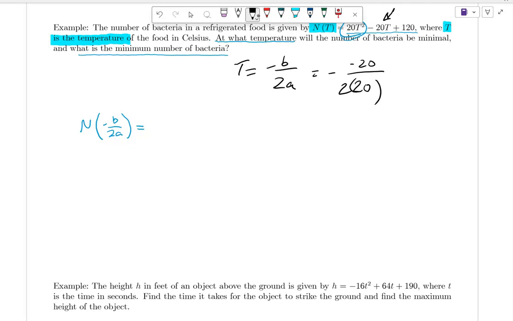Yeah, I forgot my 2 times. Yep. And that should simplify to a half because the 20s will cancel and the negatives will cancel. In this case, this is a temperature and it's in Celsius. So this is a half a degree Celsius. So slightly above freezing.